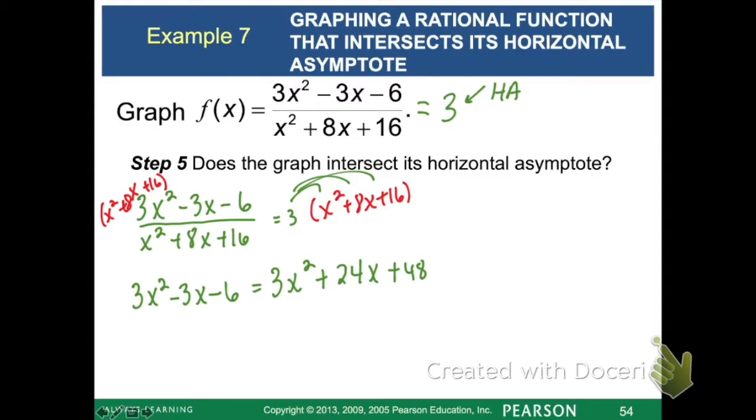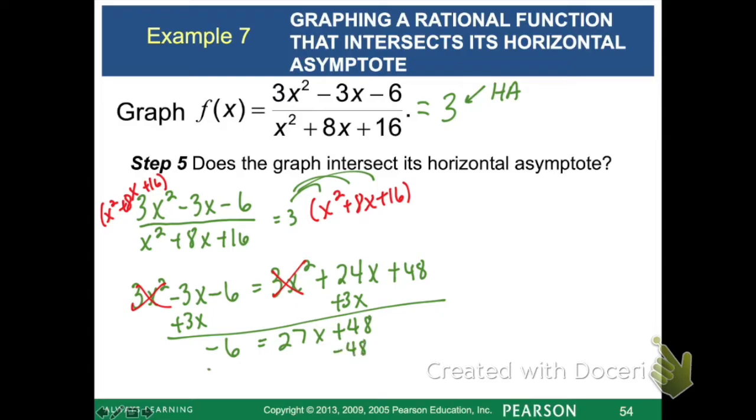Okay, so now solving this, I'm going to start with my x squareds. I notice that I have 3x squared on both sides. If I subtract it over, those are just going to cancel out. So now I'm going to move my negative 3x over by adding it. And then subtract over my 48.